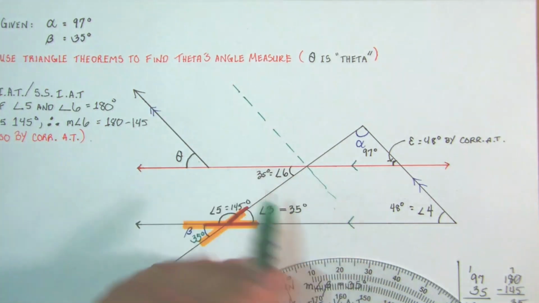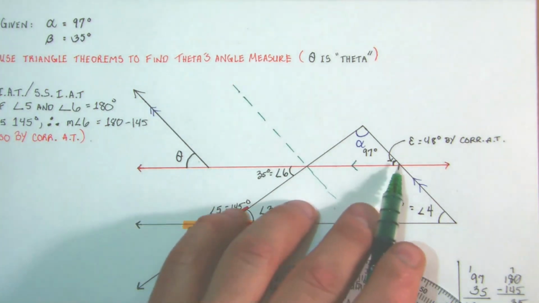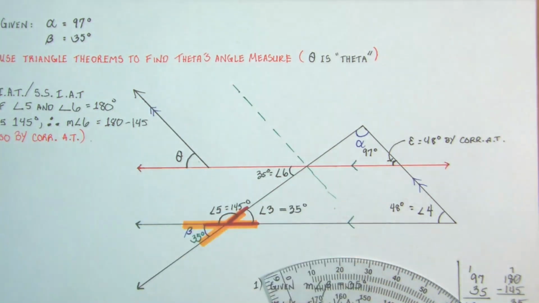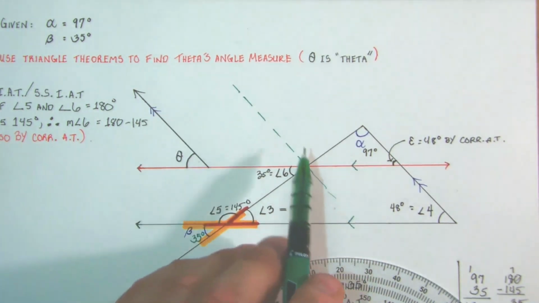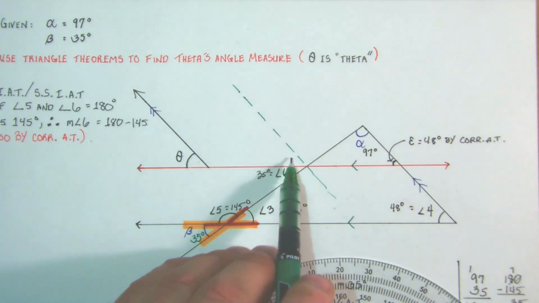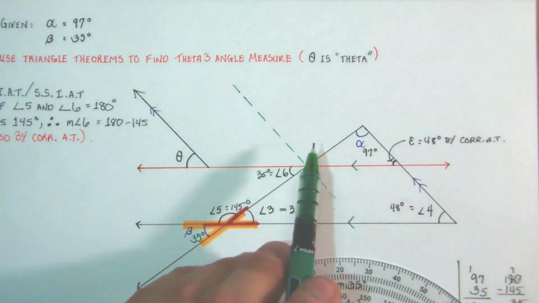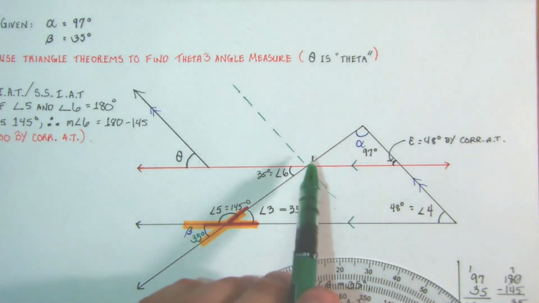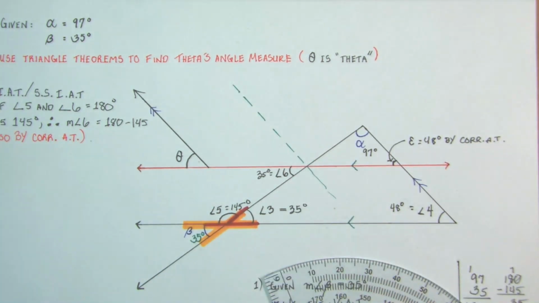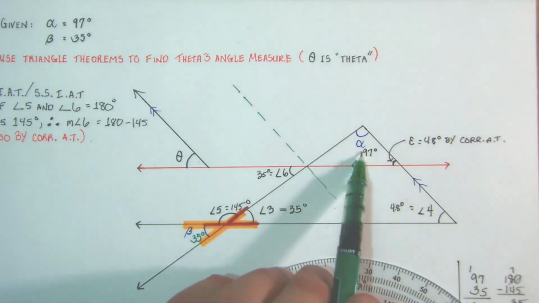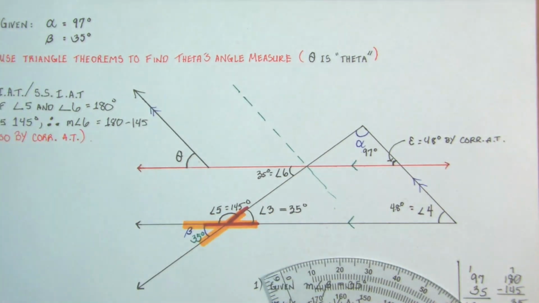Well, I suppose all it does is it just brings this 48 in a little bit closer, doesn't it? And it also gives us a chance to test whether 35 plus 48 leaves behind 97, which should be that angle right there, right? Because look, inside the triangle, 35 plus 48 plus 97 equals 180.